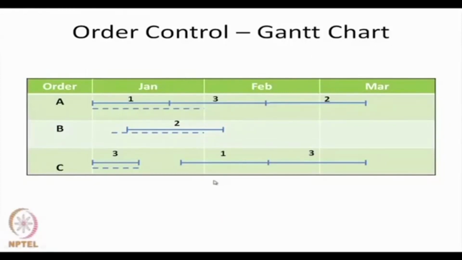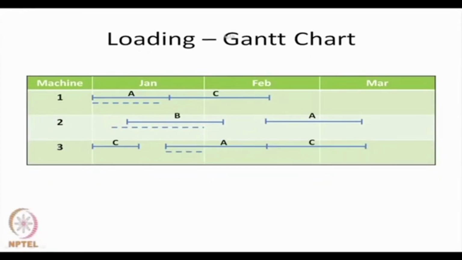We can also see from the machine loading chart. This chart shows how the different machines are loaded in these months. In fact, this chart is derived from the previous chart.